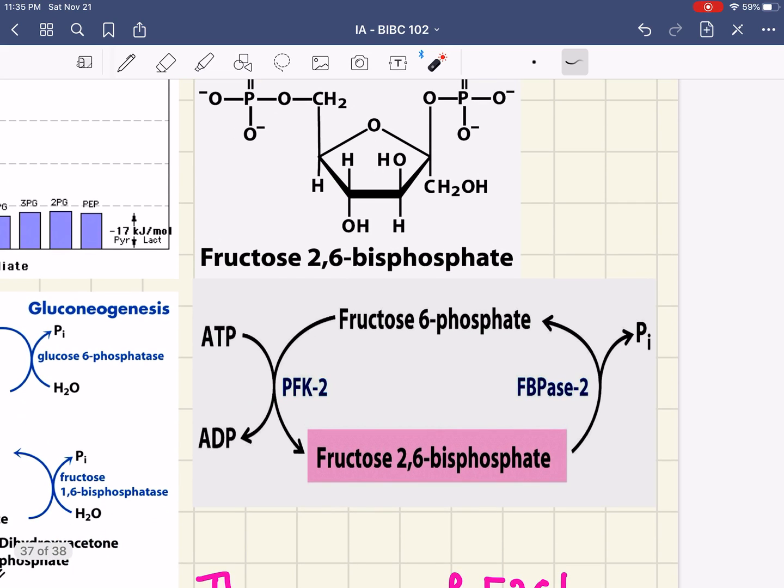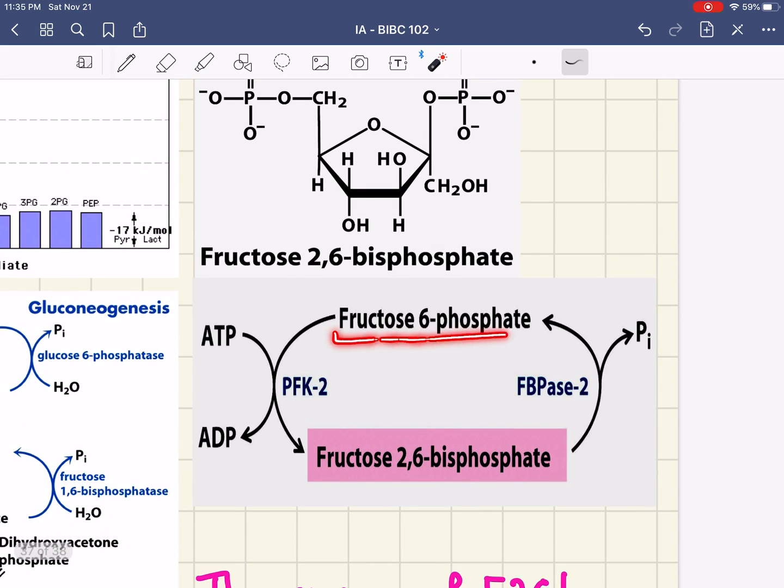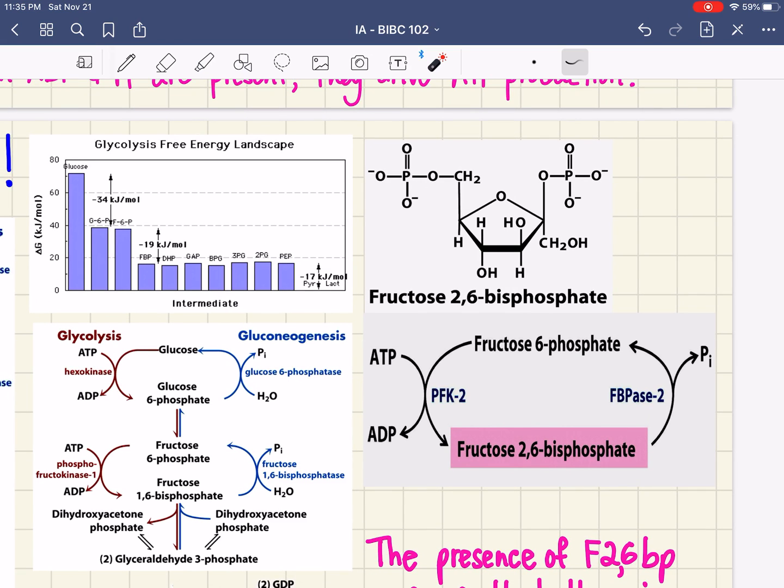Well, it is made from fructose 6-phosphate by the enzyme phosphofructokinase 2. Okay? Now, make sure to understand that phosphofructokinase 1 makes fructose 1,6-bisphosphate, but phosphofructokinase 2 makes fructose 2,6-bisphosphate, okay?